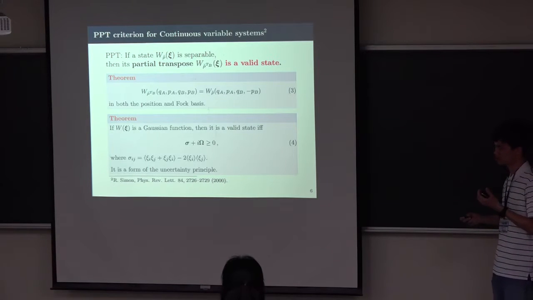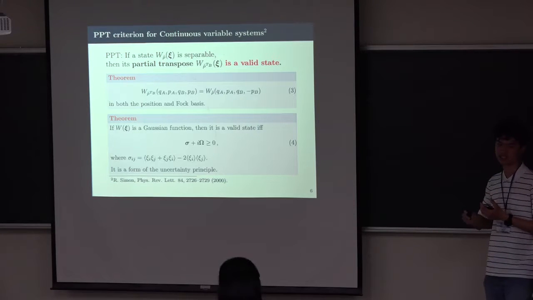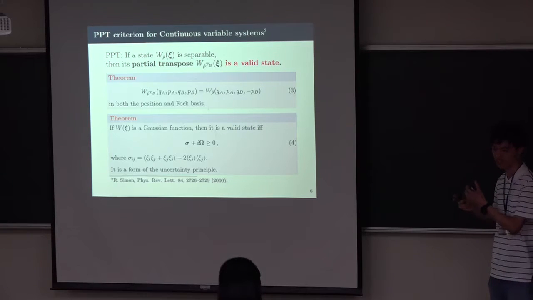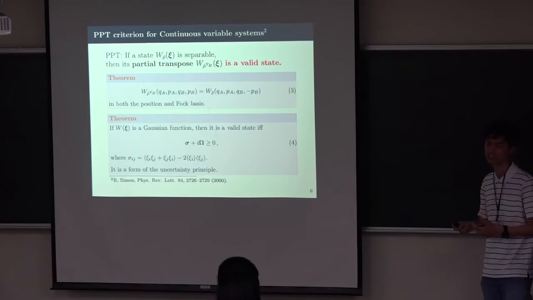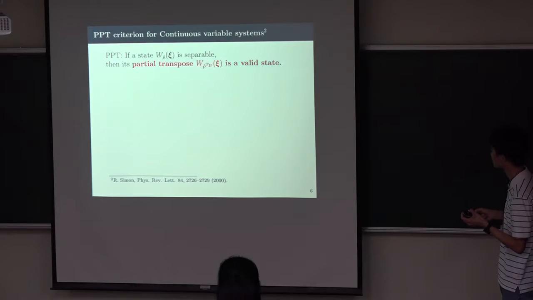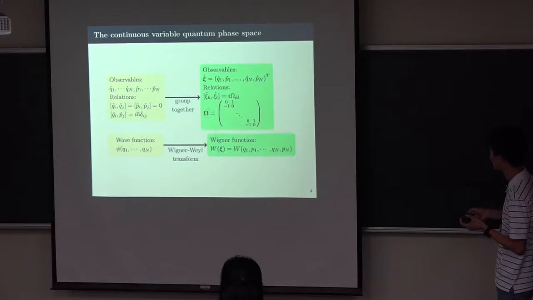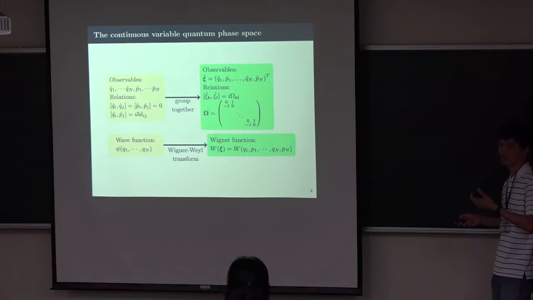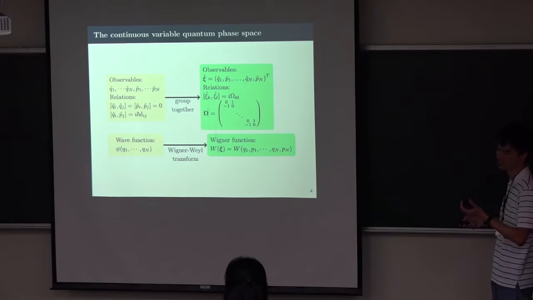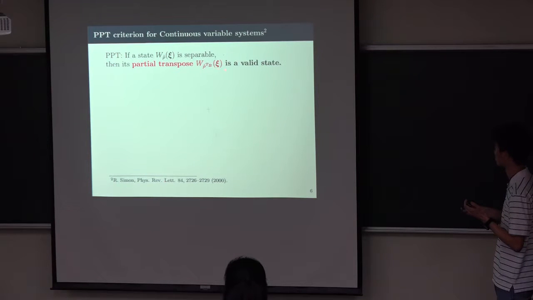So the condition that the partial transpose is positive is equivalent to the partial transpose being a density matrix of a quantum state. I didn't say it here, but actually the Wigner function can be defined for any operator on the Hilbert space, not just for the density operator.